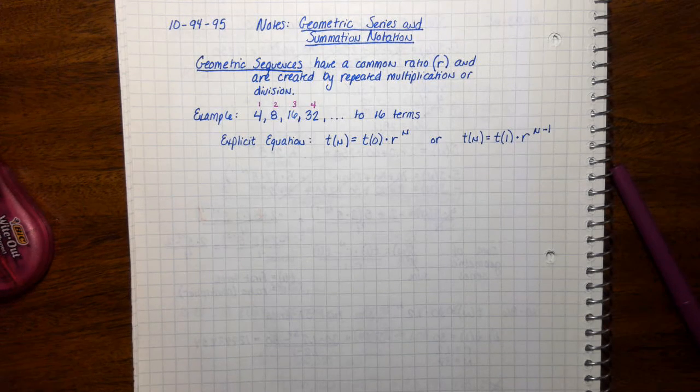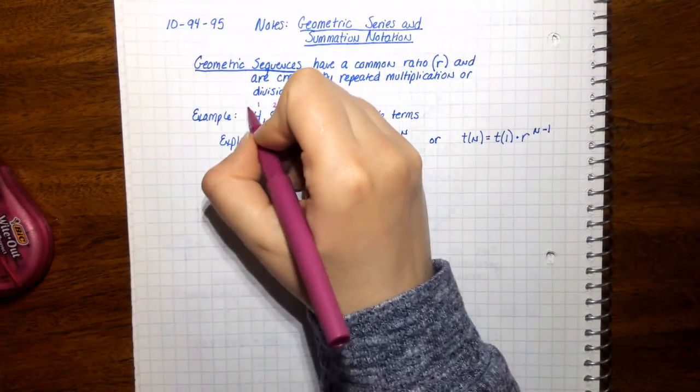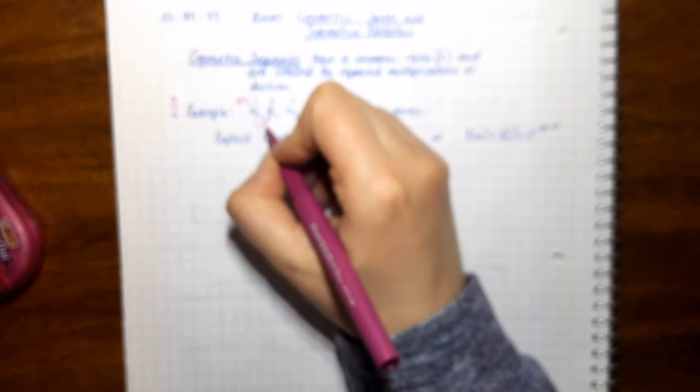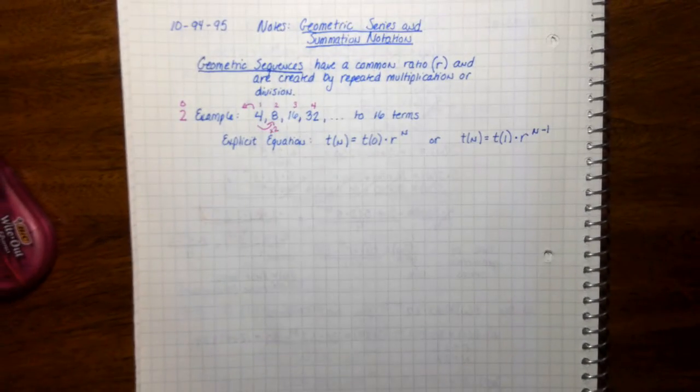Okay, so how would I write that for this particular problem? So we know that there would be a 2 in front for the 0th term, I can tell, and then I can also tell that this is increasing by multiplication of 2.